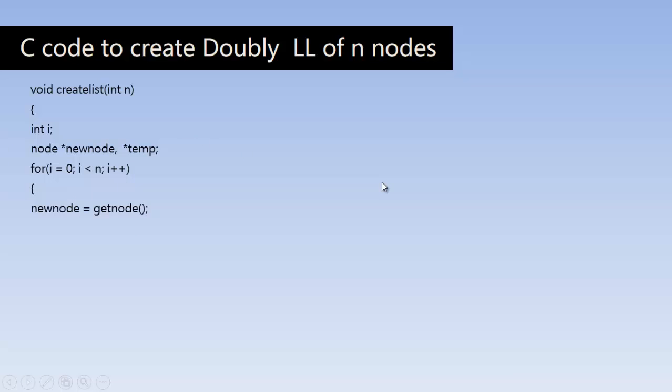We have just discussed the getNode function, which creates a new node and returns the address of that newly created node that is going to be stored in newNode, which is a local pointer here, right? So newNode has got the address of the newly created block, right? So if start equals null, I will store the address stored in newNode into start.